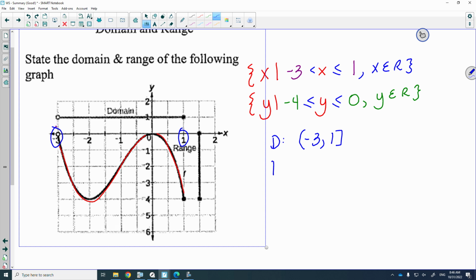The range for interval would be the smallest y value, -4, square bracket. The biggest is 0, square bracket. Okay, so that would be the domain and range. On your exam, you choose which notation you're using. Just make sure you can do both.